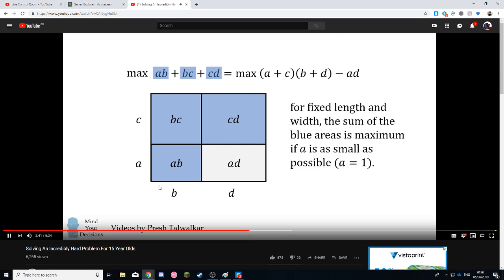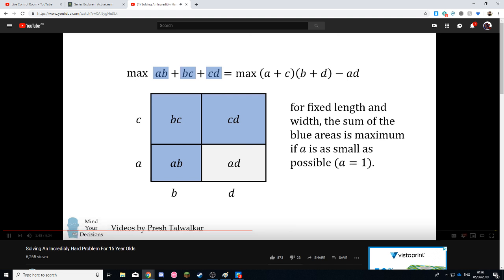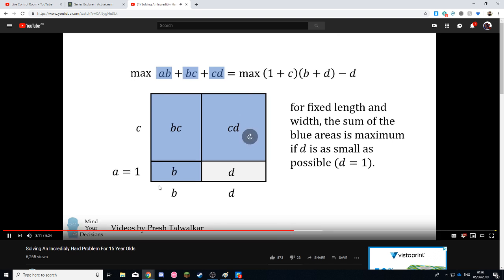Length and width, the sum of the blue areas is maximum if A is as small as possible. All of the variables have to be positive integers, so the smallest positive integer will be A is equal to 1. Let's visualize visualization of that.